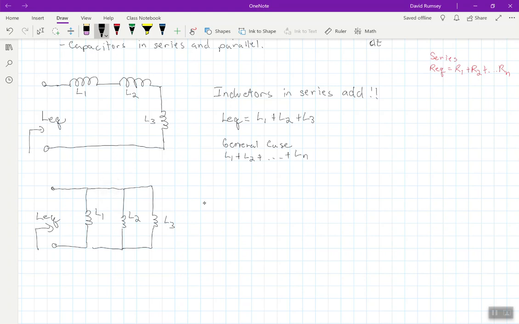So for this circuit, you'd have Leq equal to the reciprocal of 1 over L1 plus 1 over L2 plus 1 over L3. Or, another way we sometimes write this is 1 over Leq is equal to 1 over L1 plus 1 over L2 plus 1 over L3.